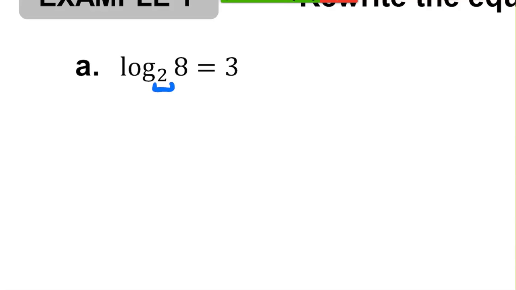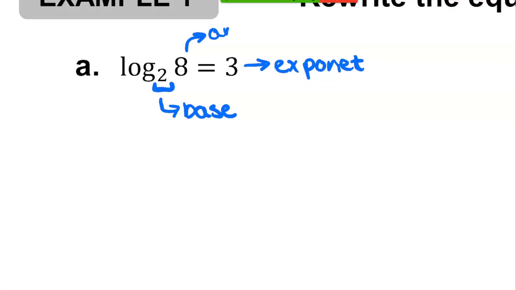So again, this is your base. The answer is the exponent. And then this is the answer to your exponential. So you have 2 to the third equals 8. And you can sort of verify these two.